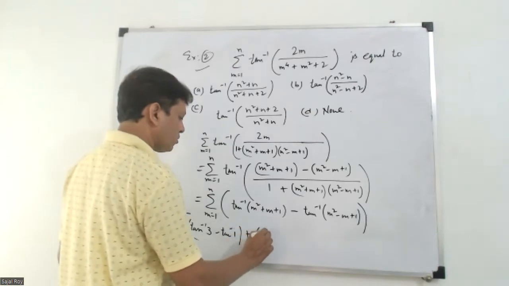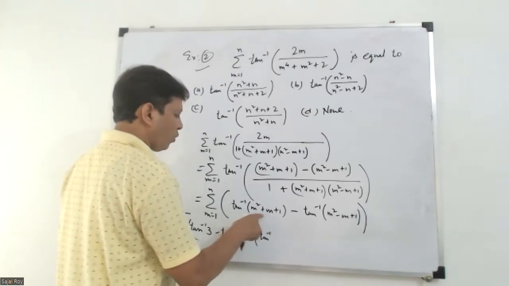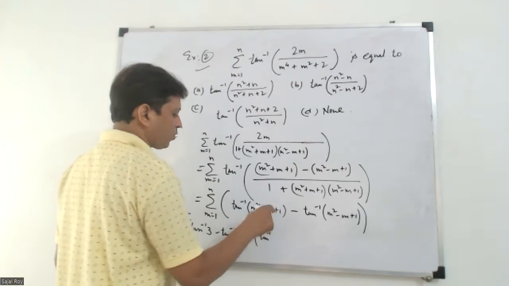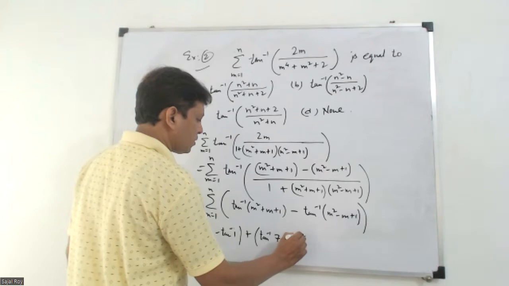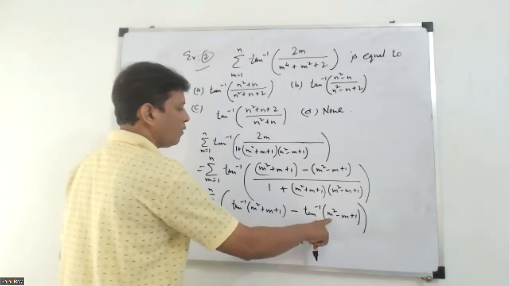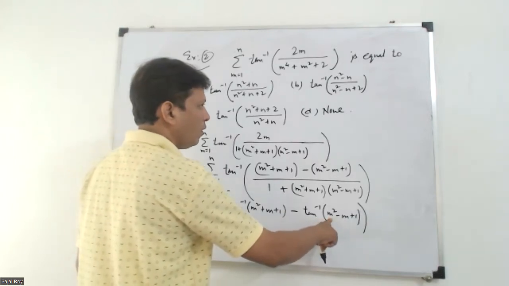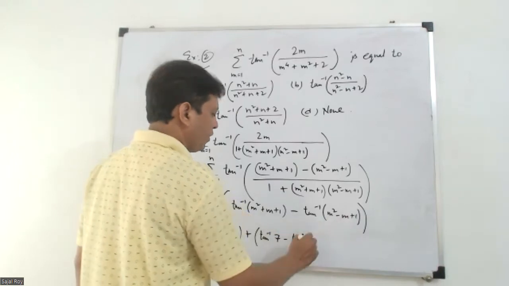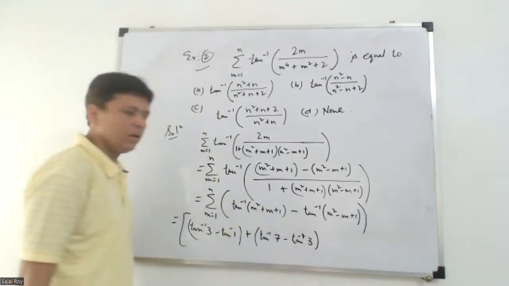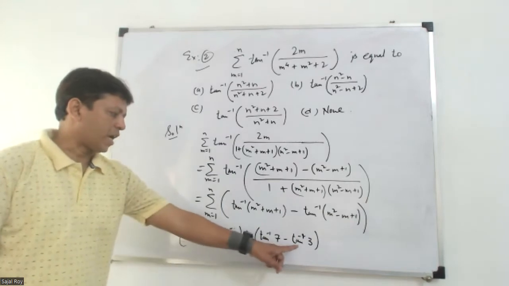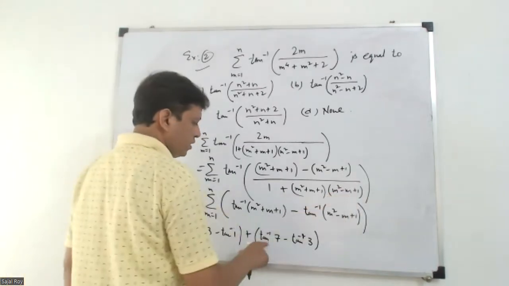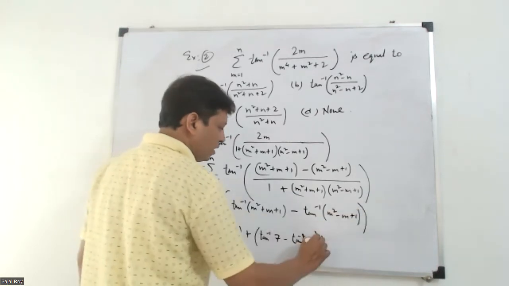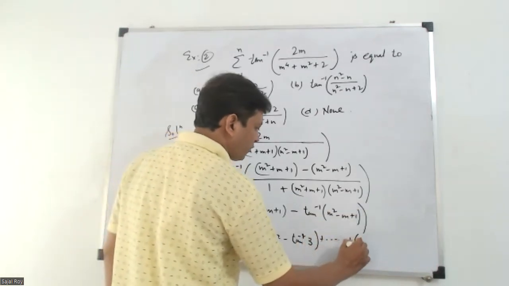Tan inverse 4 plus 3, 7, minus tan inverse 3, right? You see, this tan inverse 3 and this tan inverse 3 get cancelled, and so on. This tan inverse 7 will get cancelled, and so on, and you will have the last term.